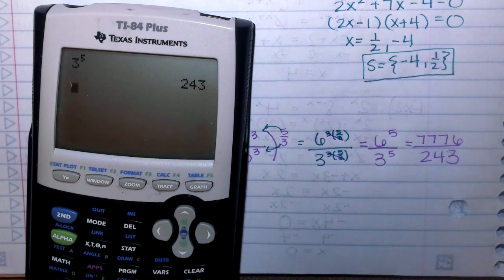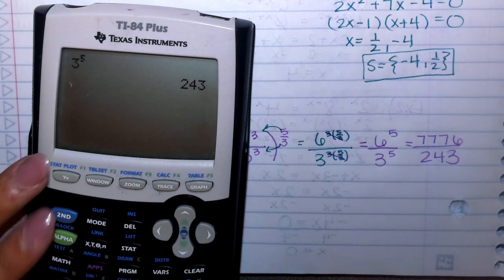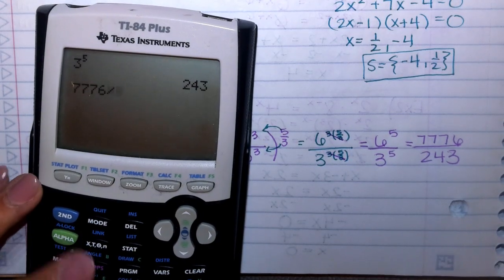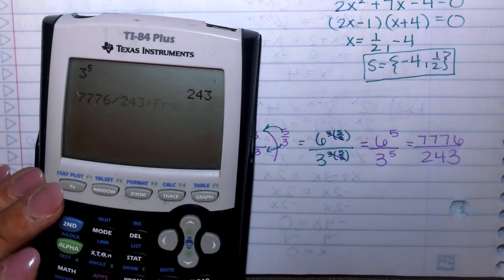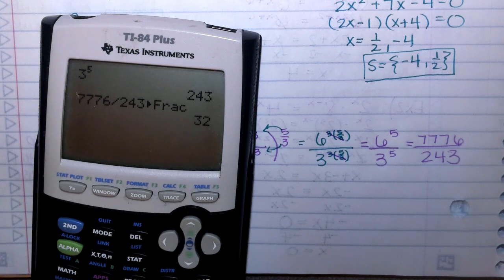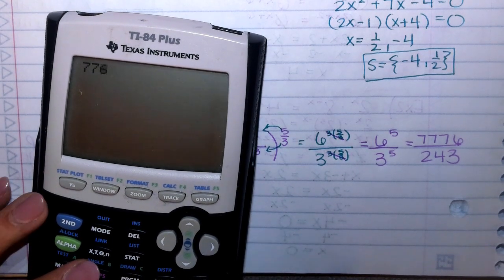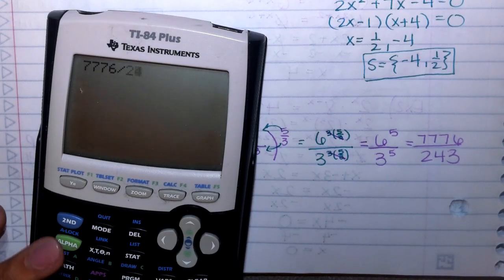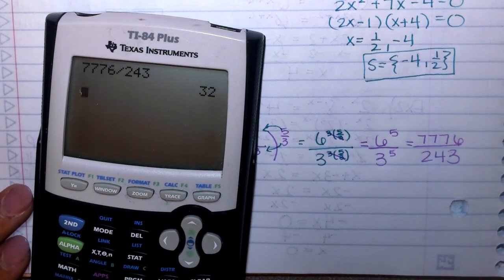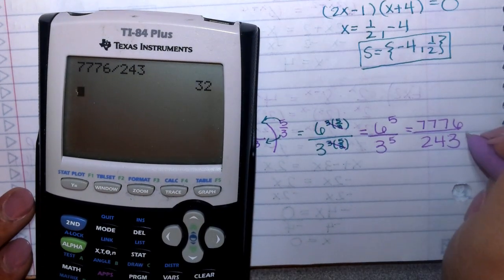Put them in Desmos and reduce it. But I need to see all this work. You can't just initially put it in Desmos and bam, get an answer. Show me some work. I will say 7,776 over 243 does reduce. There you go. No, this is simplifying, so this answer is just 32.